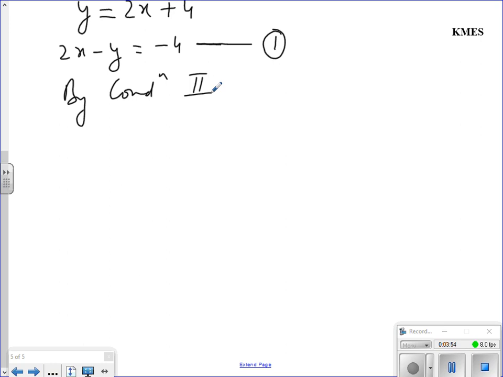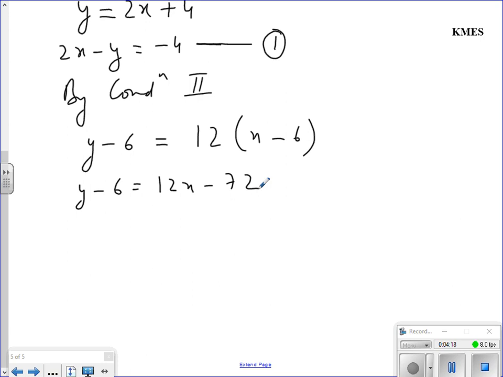So by the second condition, the new denominator, y minus 6, becomes 12 times the new numerator, that is 12 multiplied by x minus 6. Simplifying this, we get y minus 6 is equal to 12x minus 72.